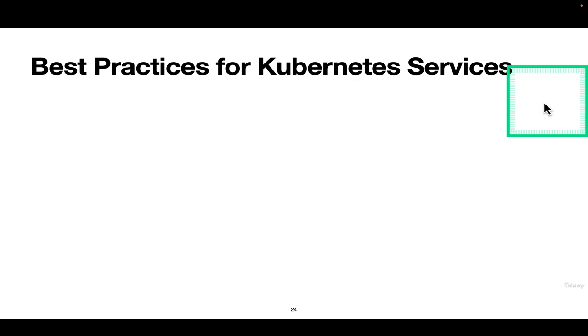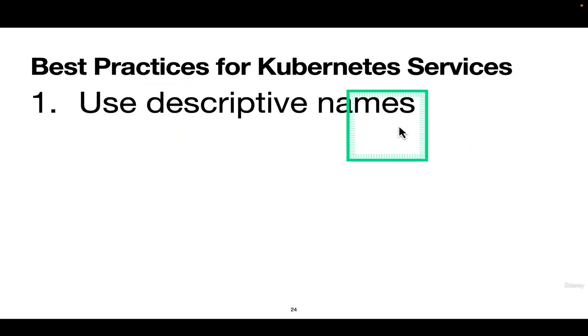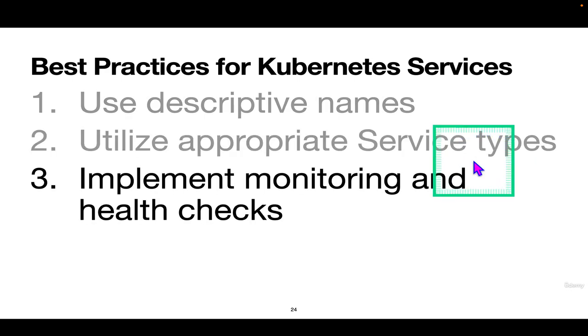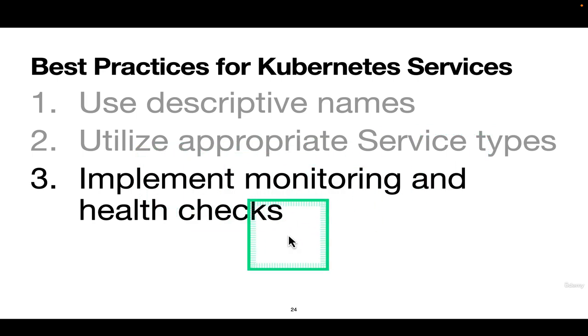Best practices for Kubernetes services. Use descriptive names. When creating services, use descriptive and meaningful names that reflect the service purpose, making it easier to understand and manage. Utilize appropriate service types. Choose the appropriate service types based on your specific use case, whether it is for internal communication, external access, or integration with external services. Implement monitoring and health checks.